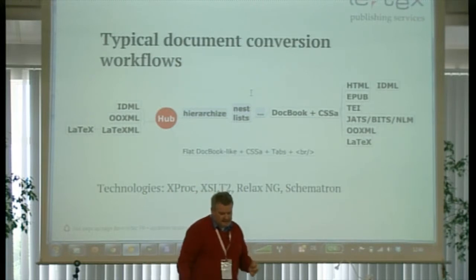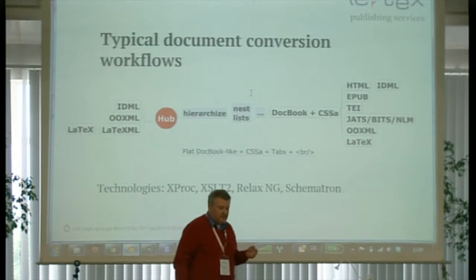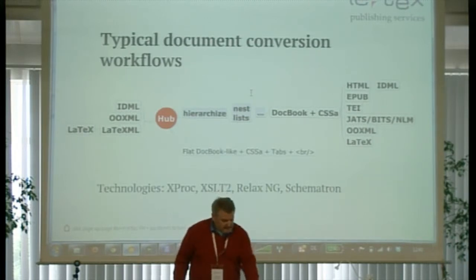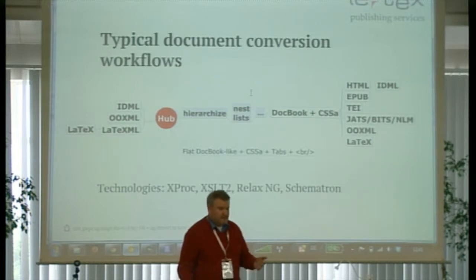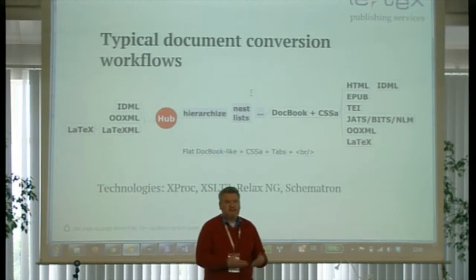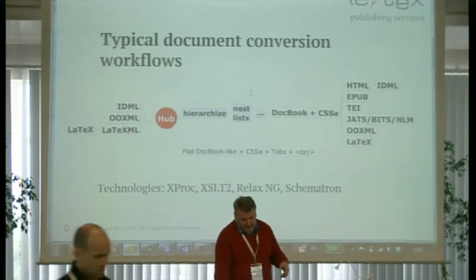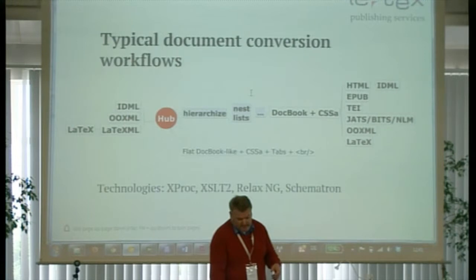And the task, if we want to have any interesting format such as DocBook or JATS, is that we have to somehow upconvert it. And we are using a central format for that. That is essentially a flattened DocBook, DocBook 5, with the addition of CSSa and with the addition of publishing concepts such as tabs and line breaks.